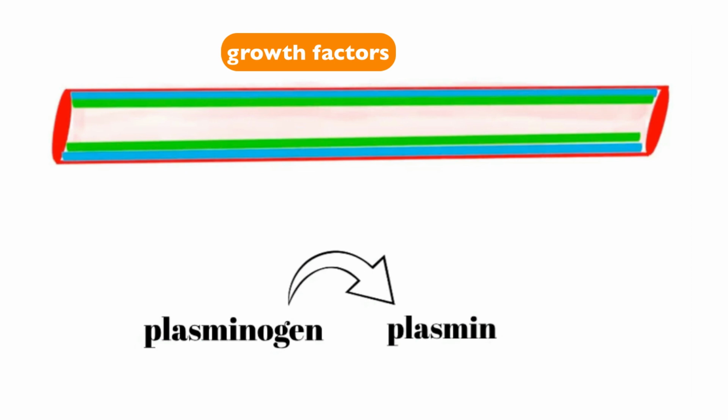Plasminogen is another inactive plasma protein that's continually flowing through the blood and only gets activated once the vessel wall has been fully repaired. Once it's fully repaired, the platelets are going to release a tissue platelet activator, which converts plasminogen to plasmin. Once again, plasmin is going to dissolve that clot.